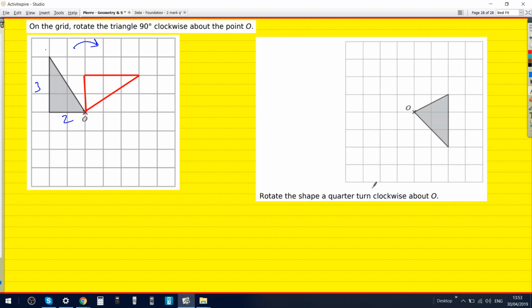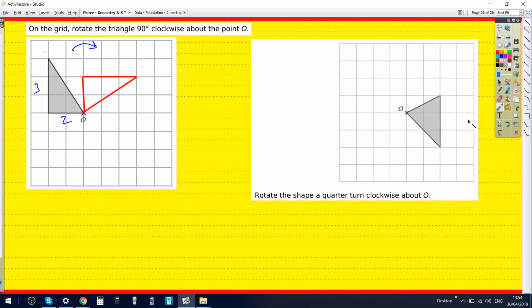The point would move sort of down. The triangle would be facing completely down, like the point will be facing down through the middle.